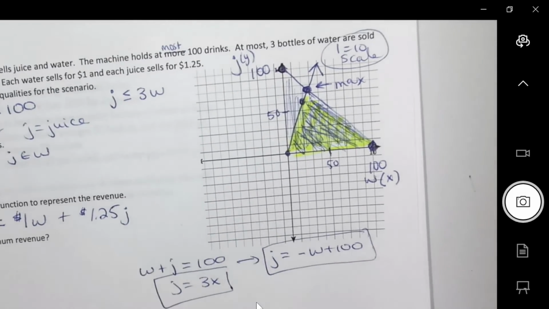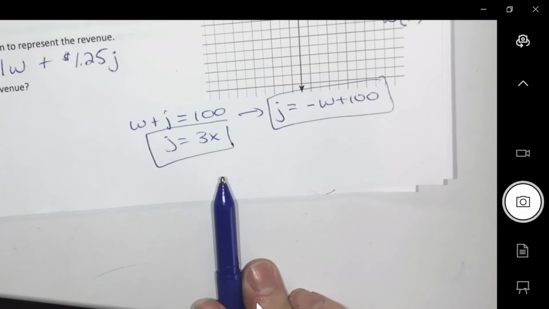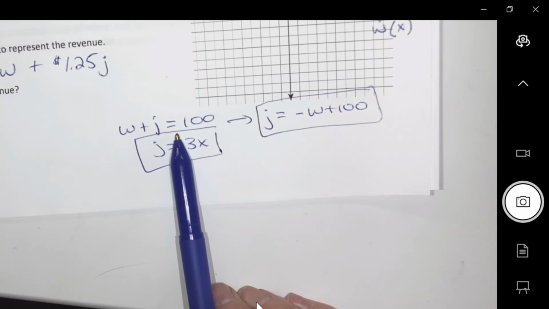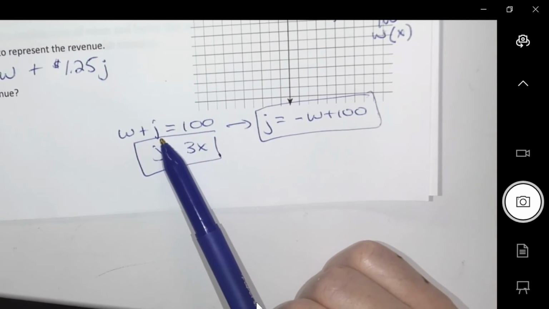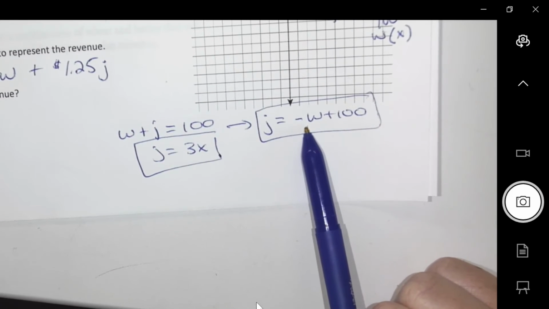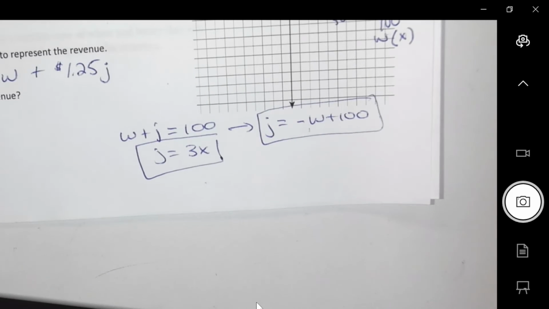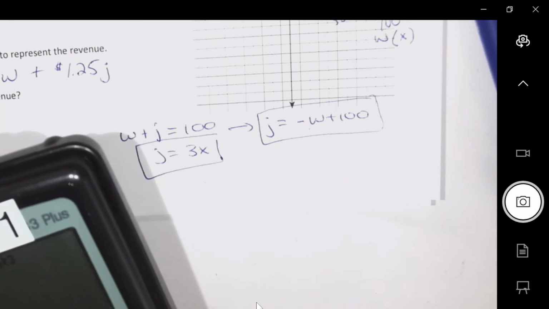Okay, so we're going to let our calculator do that for us, but do you remember when we were doing this in our calculator, we couldn't do something like this because our calculator only does a y equals. So instead of a y equals, we're trying to get a j equals equation. So I'm going to move the w over. Here it's already good, right? We already could graph that one.